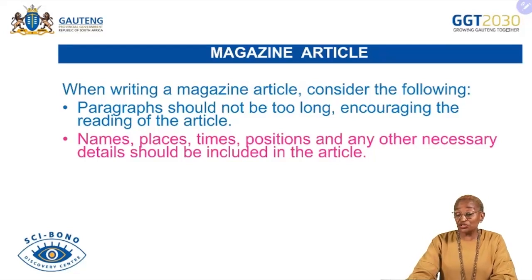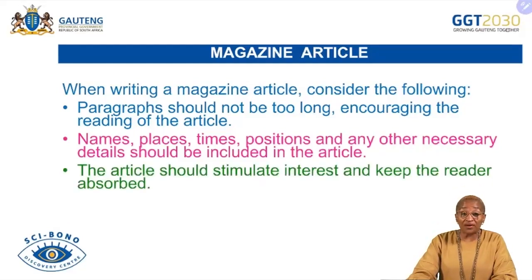The article should stimulate interest and keep the reader absorbed. Remember, we don't want to lose our reader. So, your article needs to stimulate interest and keep the reader absorbed in that article.